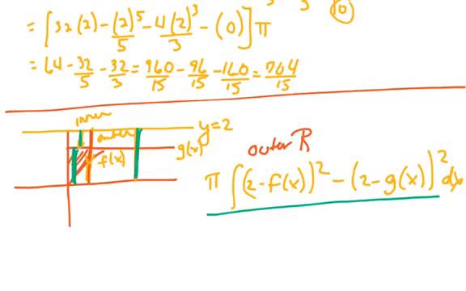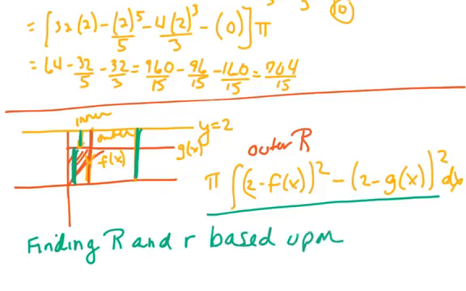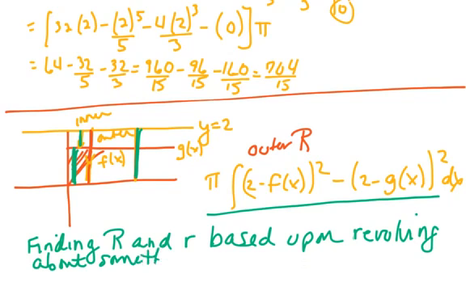To summarize, you're finding big R and little r based upon revolving about another axis, a non-major axis, something other than x or y. Hope that helps.